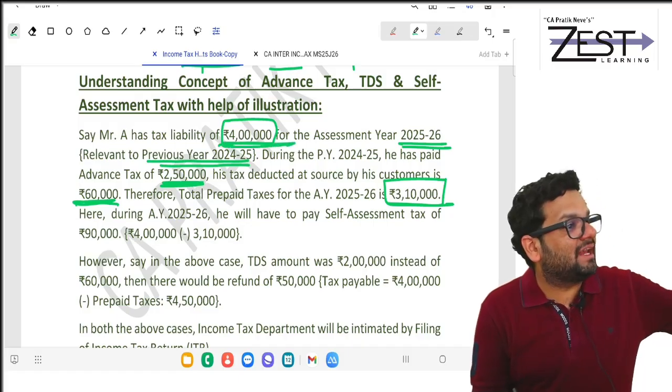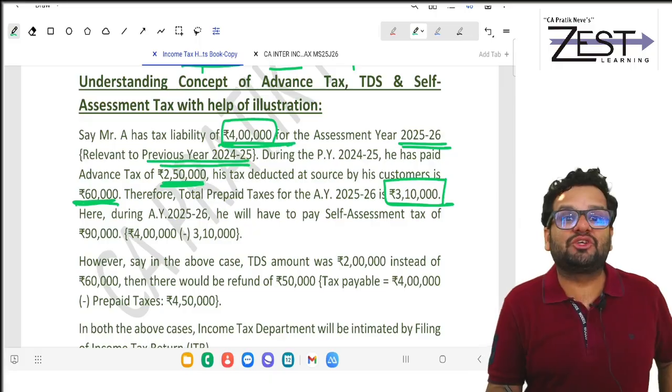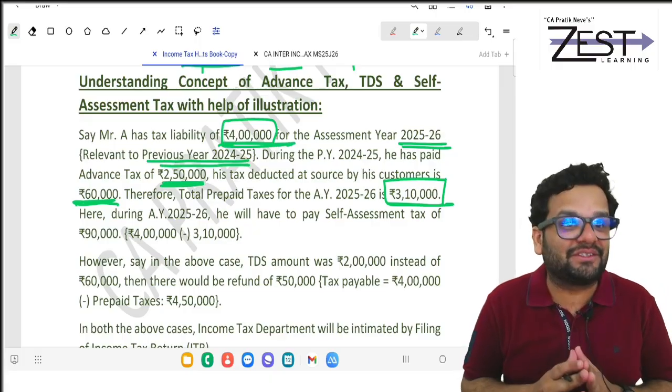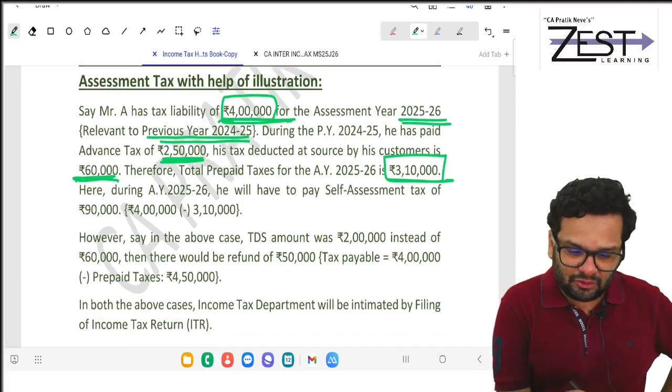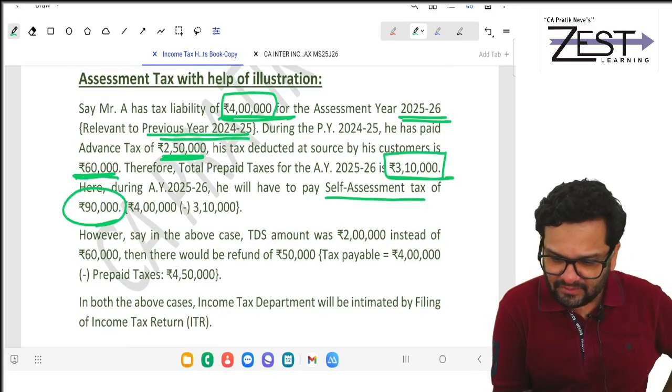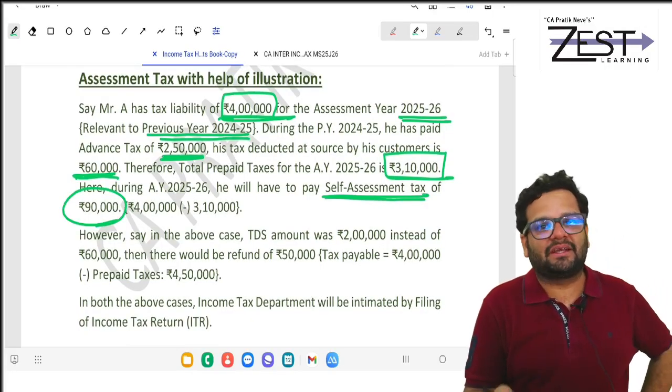Now, when he calculates his liability, his liability is 4 lakhs. There will be a shortfall of 90,000. This 90,000 will be paid in the form of self-assessment tax.